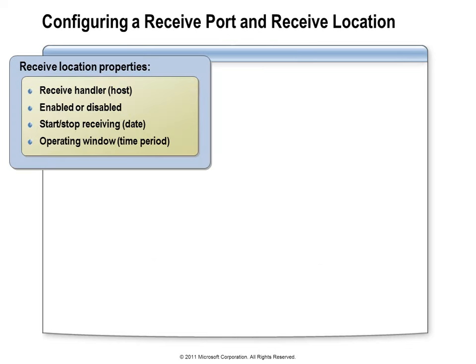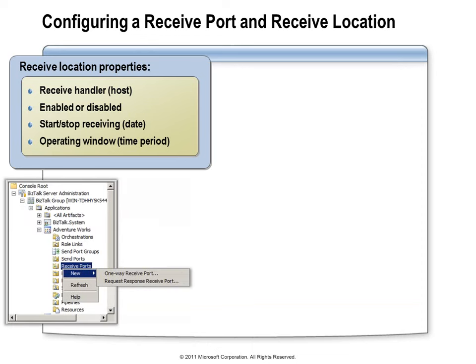You can use the administration console to create and manage receive ports and send ports. So it's easy to find the receive ports for an application in the BizTalk administration console. And you create one by simply right-clicking on the receive port node, click New, and then choose a message exchange pattern. So you need to indicate whether your receive port will simply read in a message or whether it will read the message and provide a response.